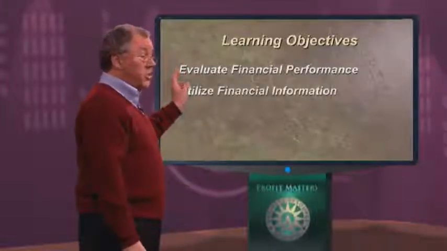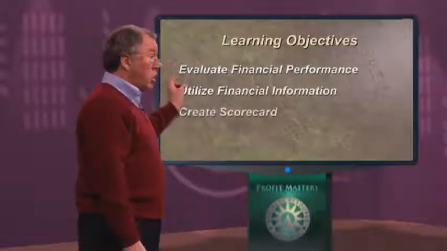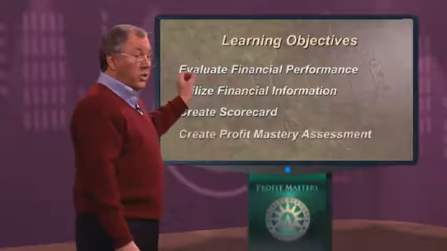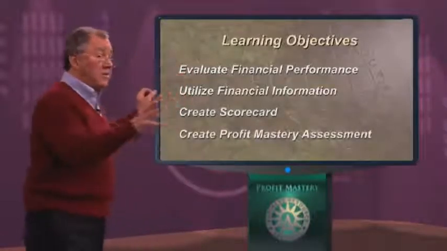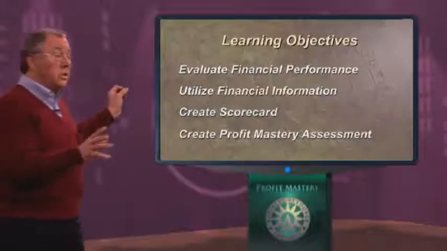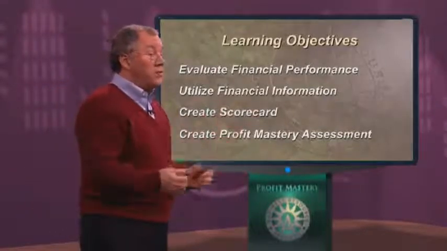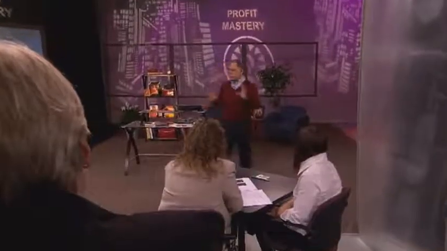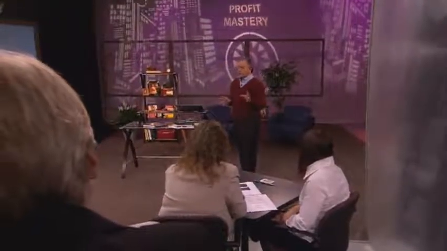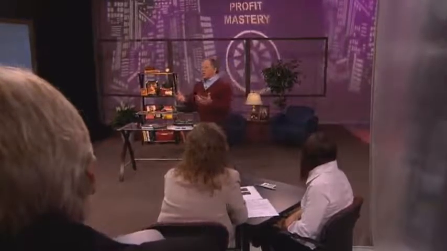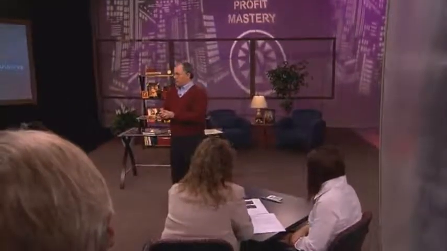Utilize the financial information, create a scorecard, and then create an analytical tool that we'll call a profit mastery assessment to evaluate how efficiently he's running his business and where the opportunities are to be better. You with me?